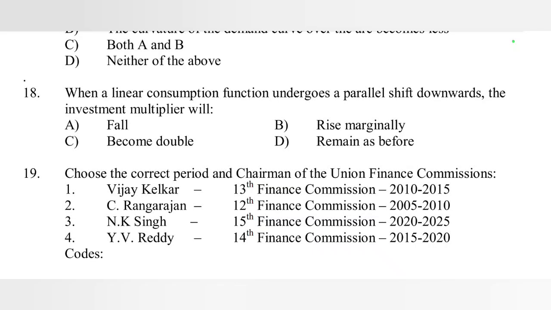Its intercept decreases, but the MPC, marginal propensity to consume, remains unchanged. The investment multiplier is determined by the formula 1 by 1 minus MPC. Here MPC hasn't changed, so the investment multiplier will remain the same as before.